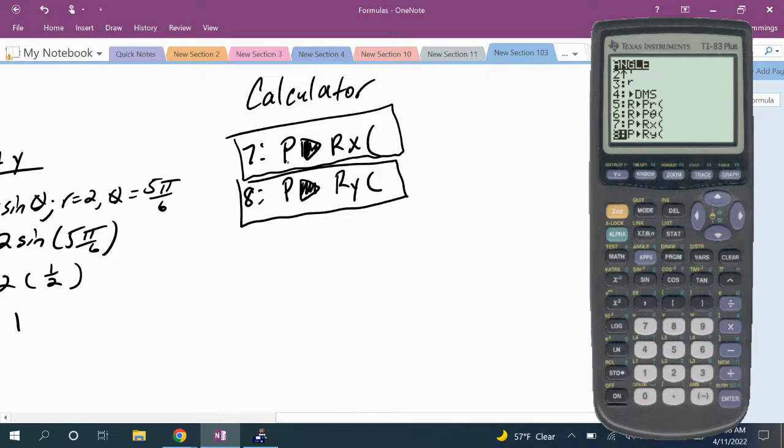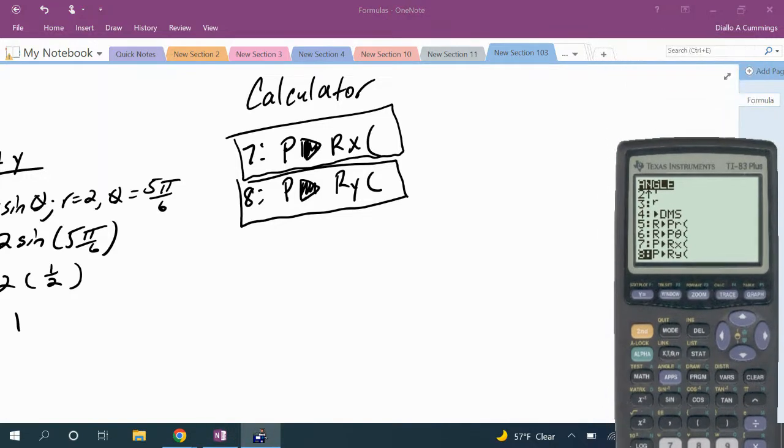All right, so the P that you see stands for a polar coordinate, right? The r of x stands for the rectangular x coordinate. So for number 7, you must input polar coordinates. You must put in r, you must put in a comma, and then you must put in a theta. And it'll give you the x coordinate of your ordered pair.